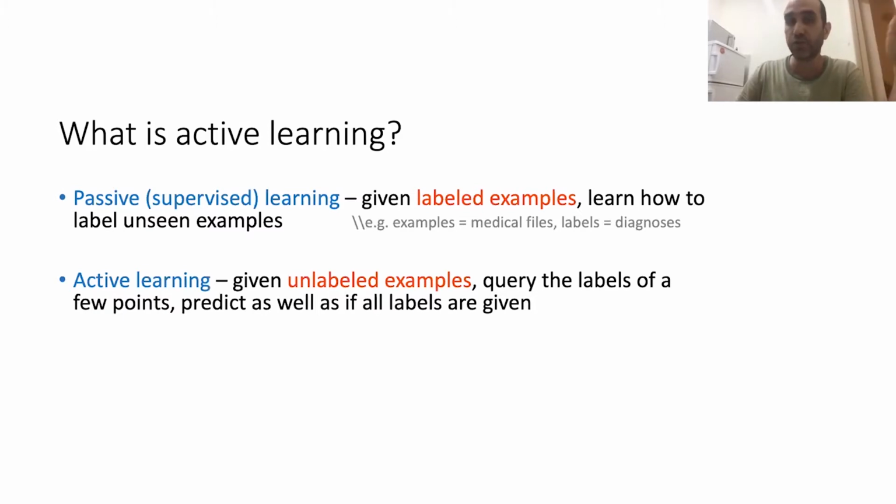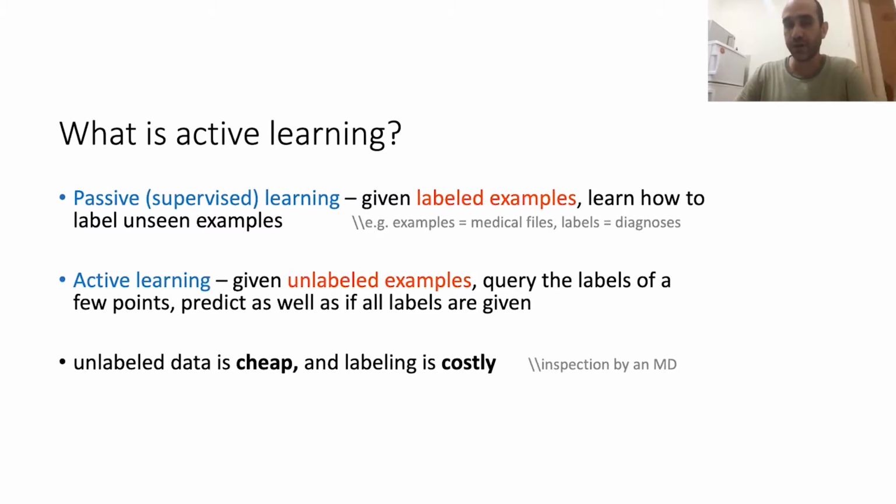In active learning, we're given many unlabeled examples, and we can query the labels of some of them, hopefully as few as possible, and we still wish to be able to predict as well as if all labels are given. So for instance, you can think that the unlabeled data is again medical files, and in order to get the labels, the diagnoses, you need to have the files inspected by a doctor, by some expert.